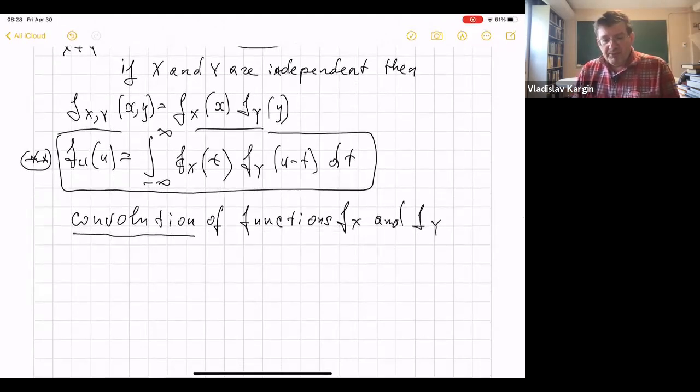So this is maybe worthwhile to say. In the general formula, you write the integral from minus infinity to infinity.